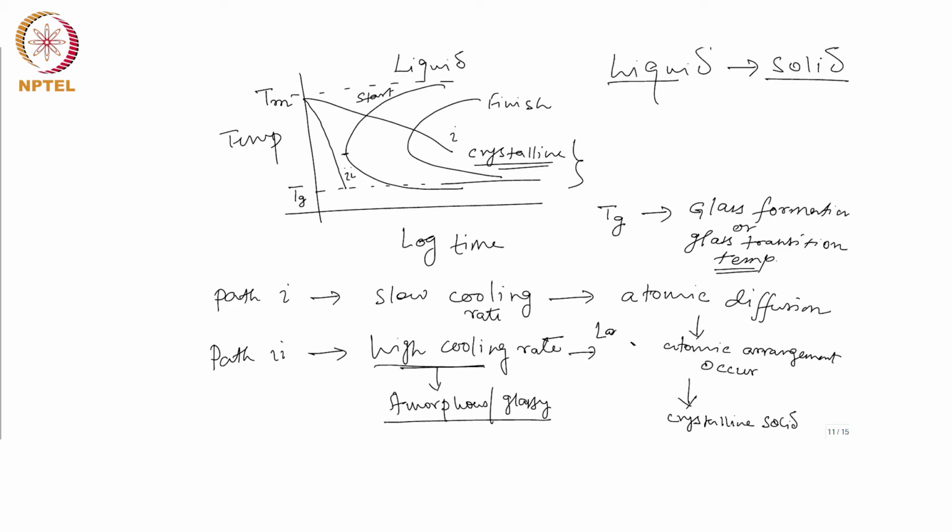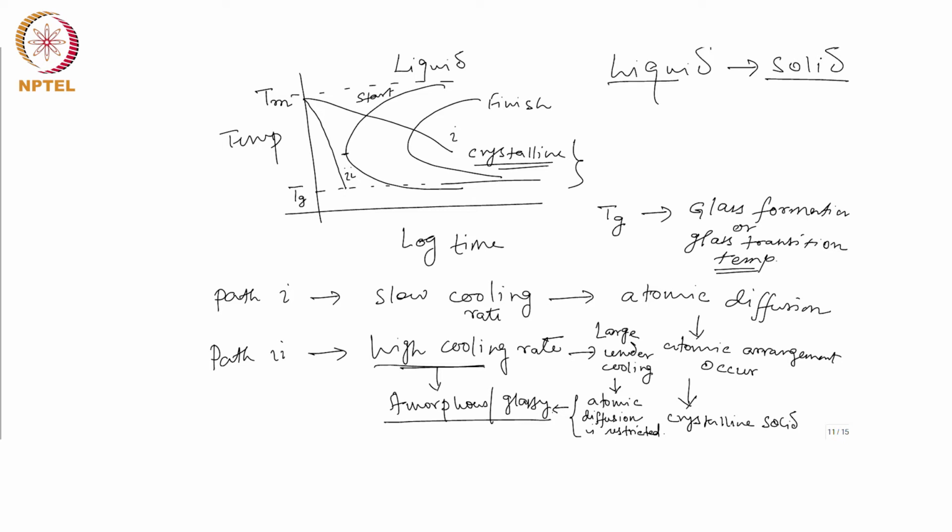Right. High cooling rate generates large undercooling, and as we have discussed before, this results in restricting the atomic diffusion and as a result it solidifies into an amorphous or glassy structure rather than a crystalline structure, right.